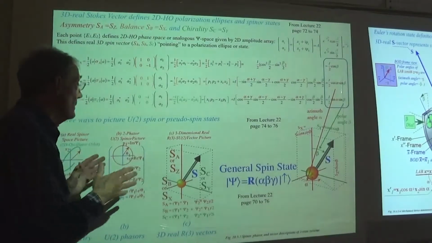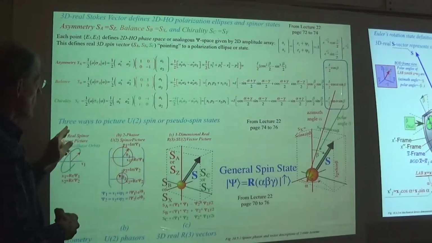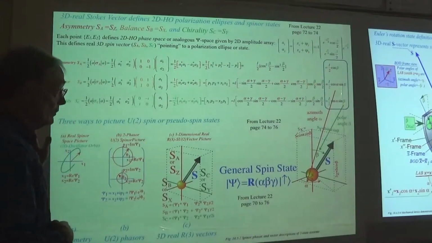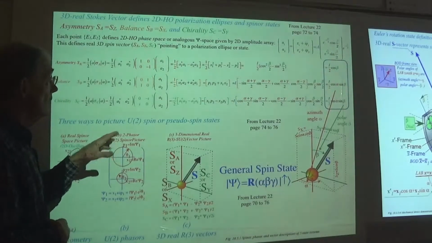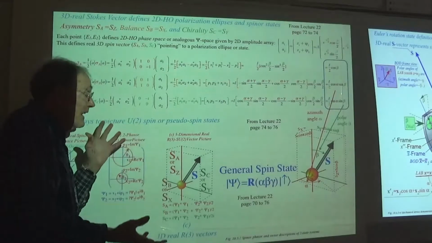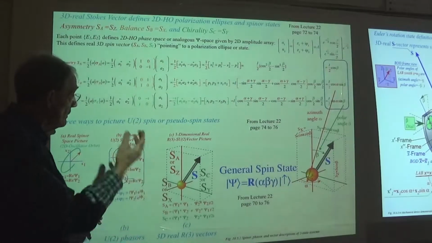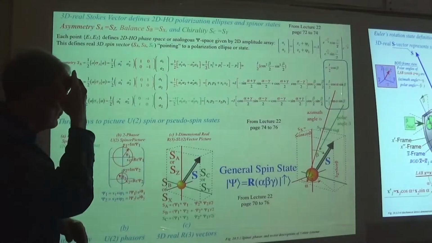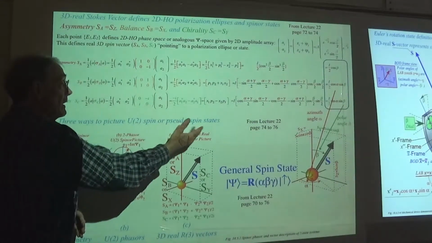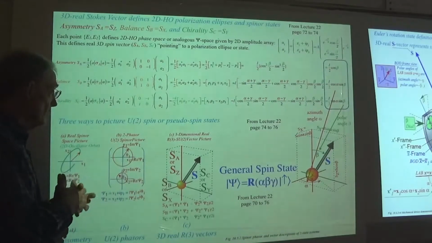Now let me just stop for a minute and say there are really three main ways that are used in the literature to picture U2 things. And I'm thinking of quantum computers that have qubits. So we're doing the mechanics of qubits here and looking at them a number of different ways.